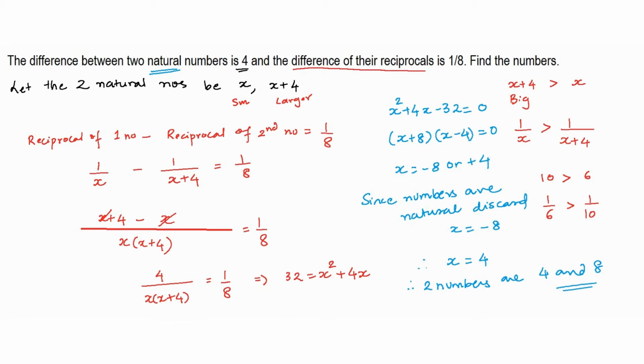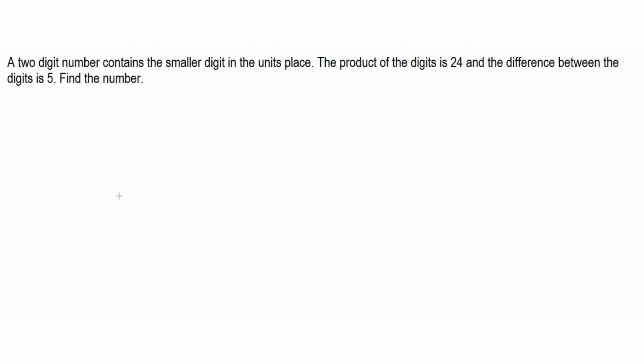Moving on to the next question. A two-digit number contains the smaller digit in the units place. The product of the digits is 24. Okay, so let the two-digit number be tens and units place.